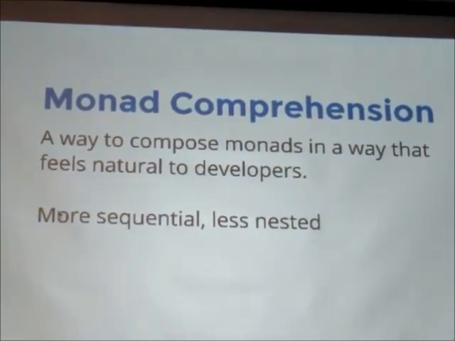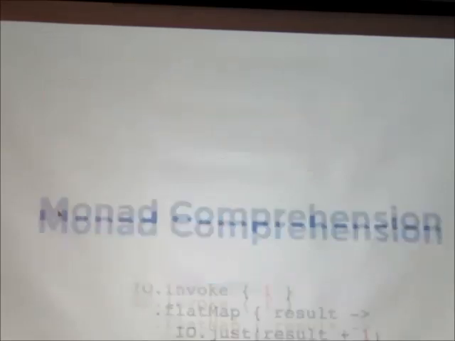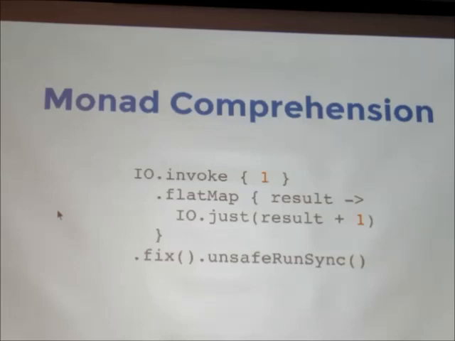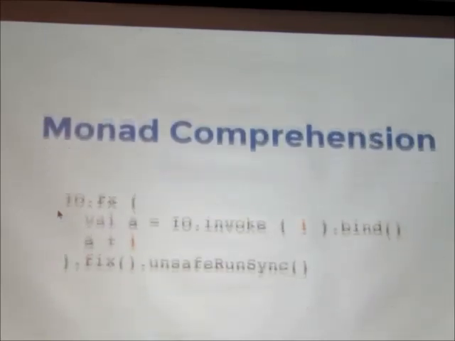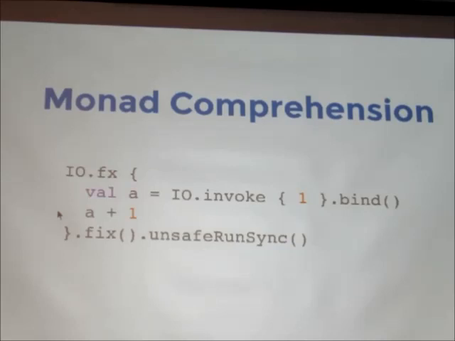So monad comprehension is just a way to compose monads in a way that is essentially sequential, and it's the same syntax that you would use for coroutines. So you'd have something that looks like this. You'd have a flat map, and inside flat map you do some stuff. But when you use monad comprehensions, it becomes something like this.